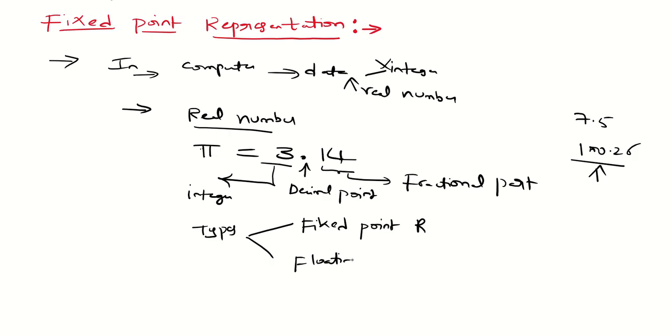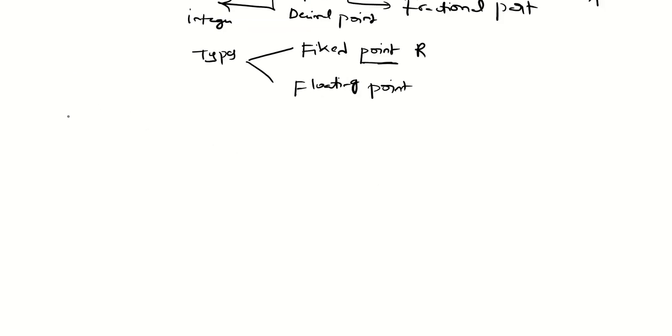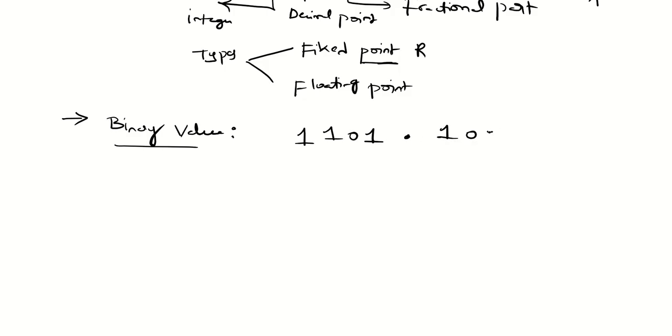The name says fixed, but before that we should learn what a point is. Suppose I have taken a binary value in the form of zeros and ones, 1101 point 1011.